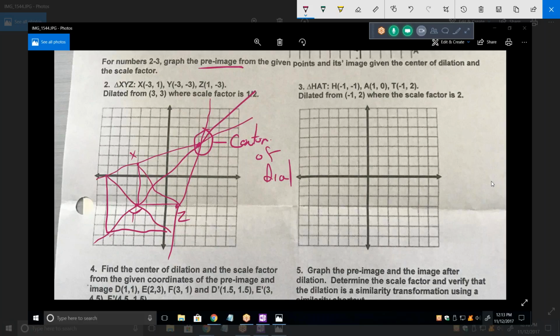Now, how do I figure out the scale factor is 1/2? Well, that distance is 4. This one should be 8. So I have not drawn it correctly.